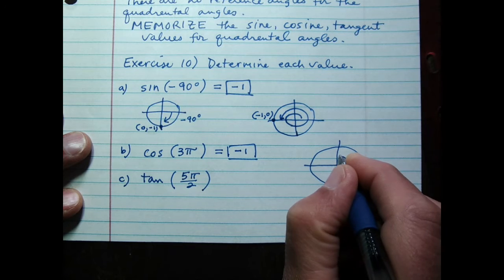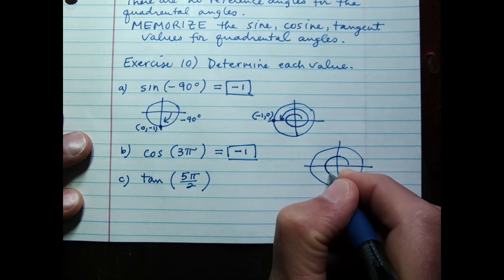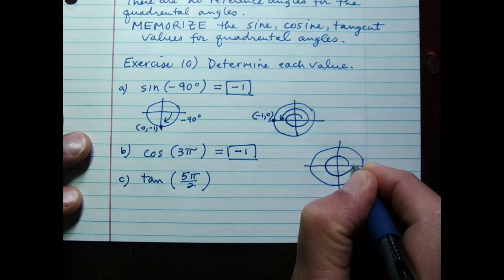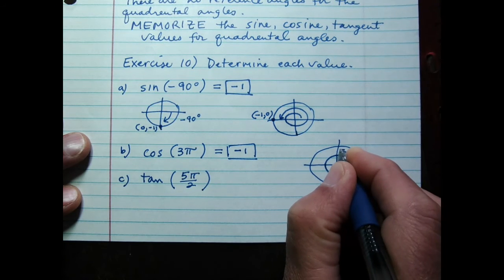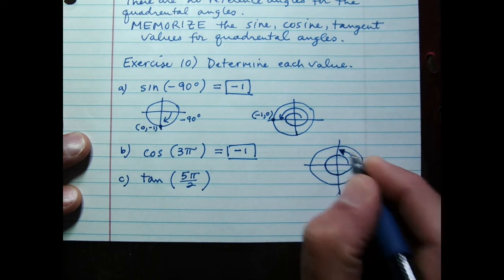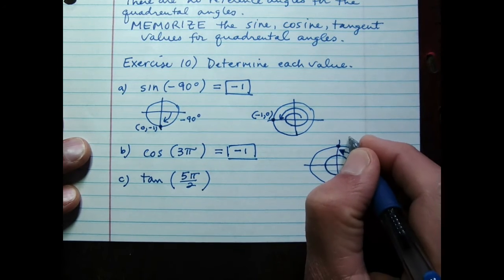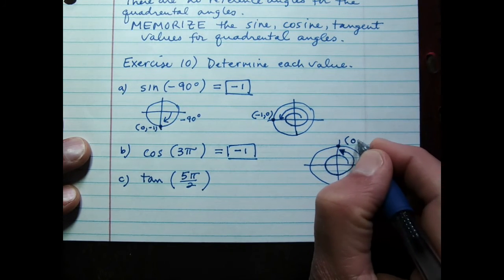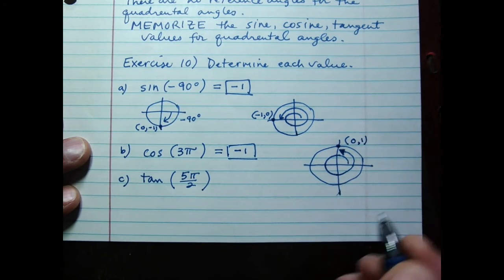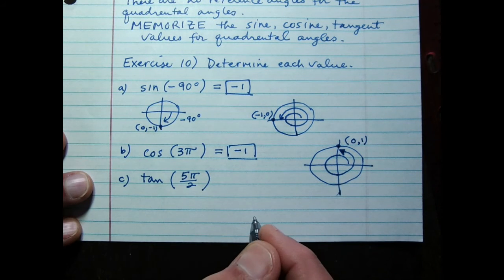So 1 pi over 2, 2 pi over 2, 3 pi over 2, 4 pi over 2, 5 pi over 2 is going to have the same terminal side as pi over 2. This is the point 0, 1 on the unit circle.